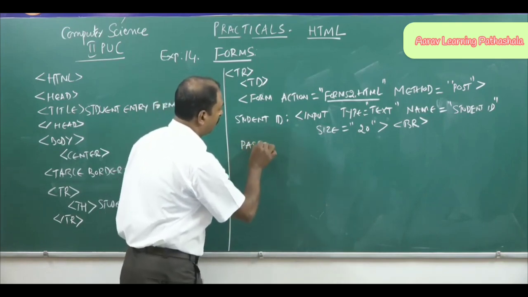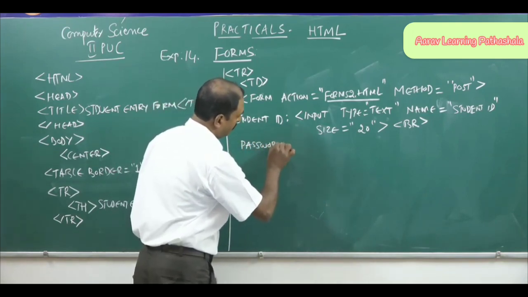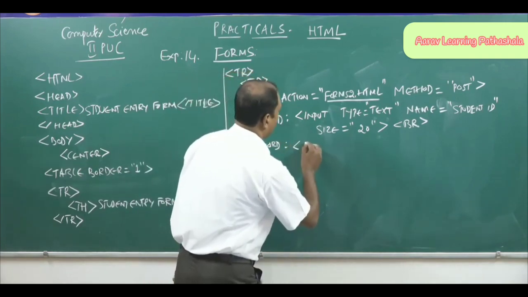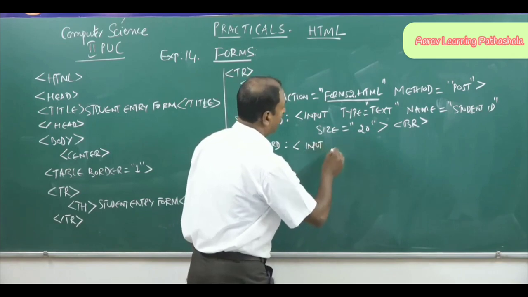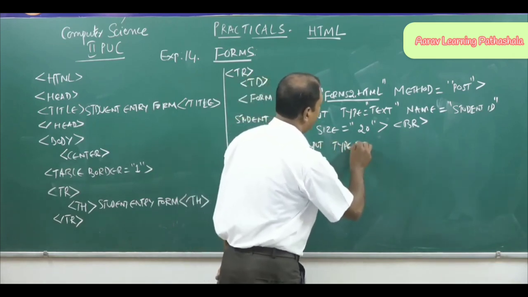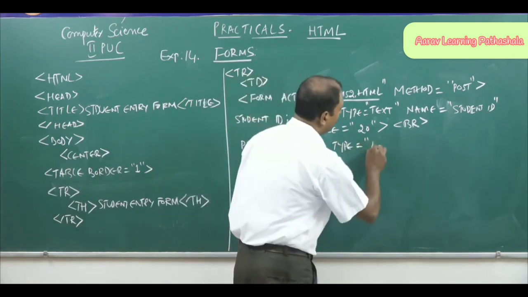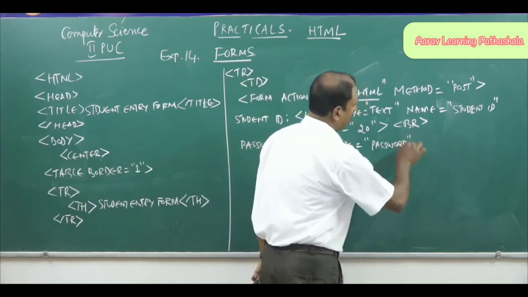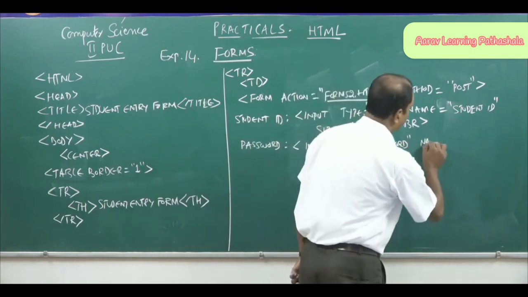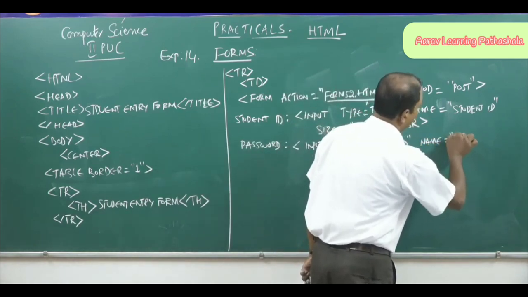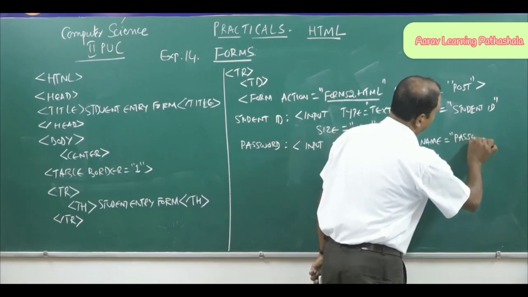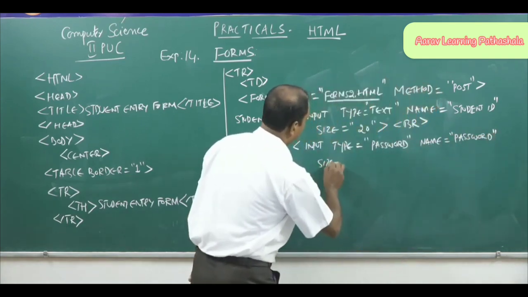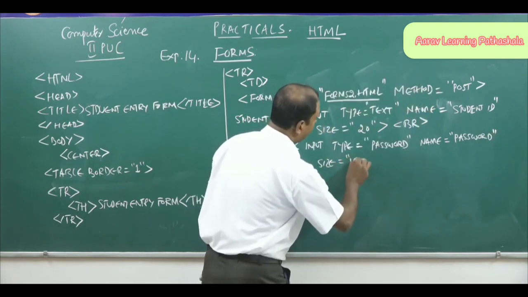So the next form element is password colon, and here input, and here the type equals password, closing the quote, and here the name is again password, size equals, I can write 10, and I'm closing this.